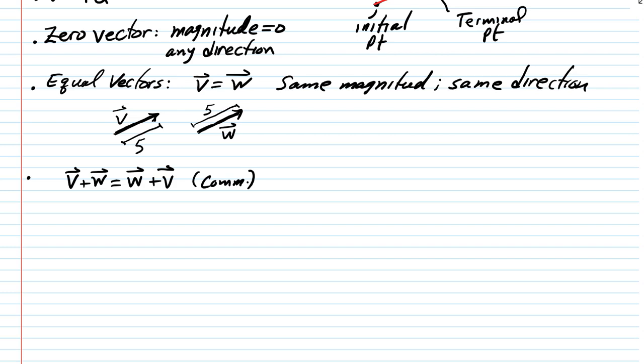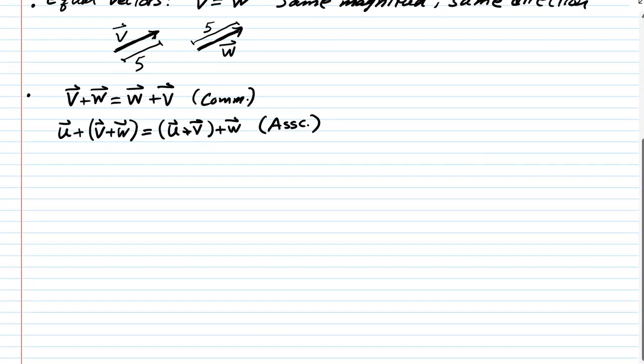Now when we look at the associative property, let's say I have u plus the sum of v and w. We can actually combine u and v together and then add those to w. The associative property allows us to change the grouping, how we group the vectors together.